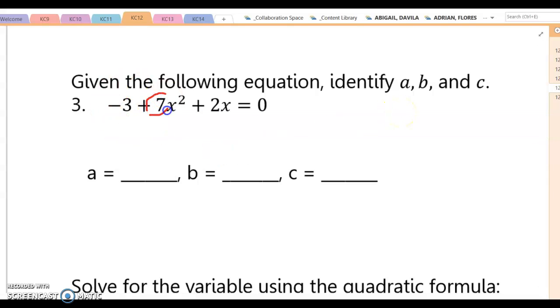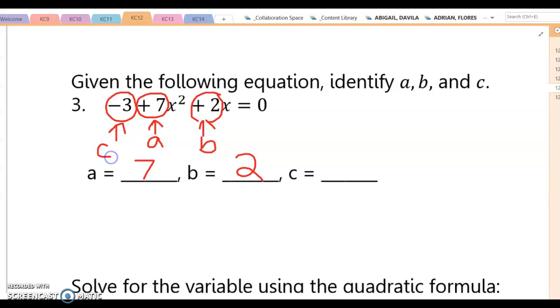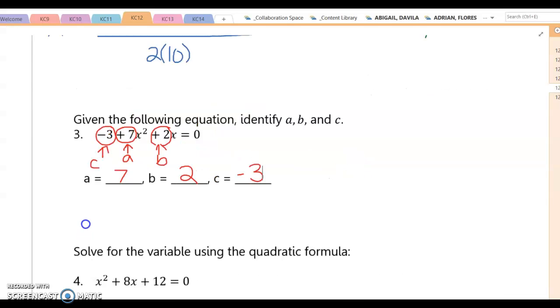The one in front of your x squared is always your a. So a is 7. The number that's in front of your x is b. So your b is 2. And then your naked number, the one that doesn't have any variables, is your c. So c is actually -3.